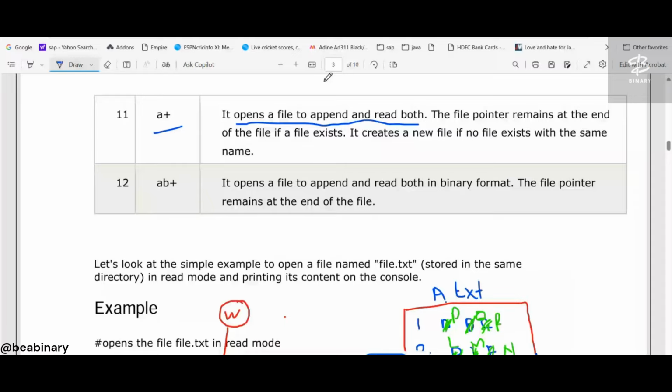Okay. The file pointer remains at the end of the file if the file exists. It creates a new file if no file exists with the same name. Because again you are opening the file in append mode, the file pointer would lie at the end of the file. So these are all the various modes.